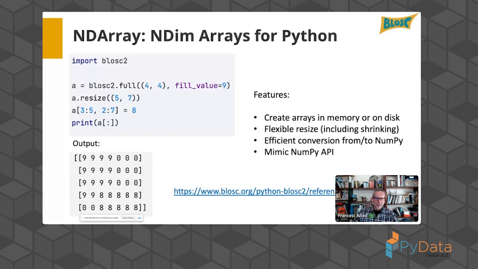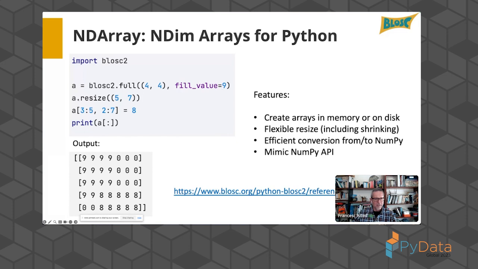So here is a glimpse of the API for Blosc2. For example, we are creating an n-dimensional array. It is 4 by 4 here, with a fill value of 9.